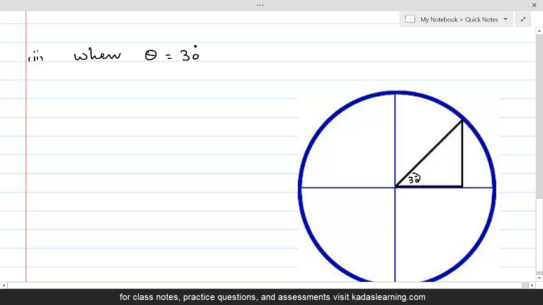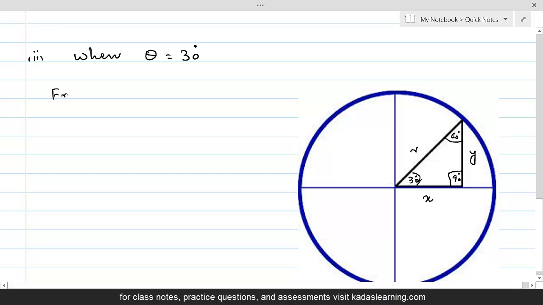If this angle is 30 degree, then this angle is obviously 90 degree. What should be this angle? This angle, being the complementary angle of 30 degree, must be equal to 60 degree. And this side being equal to r, this being y, and this being equal to x.